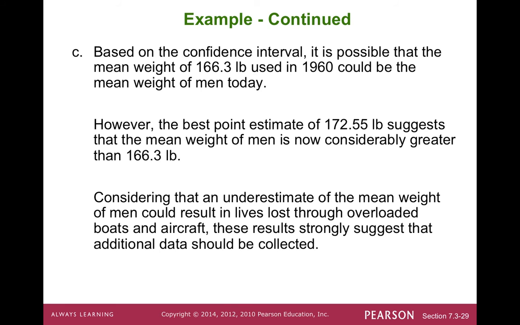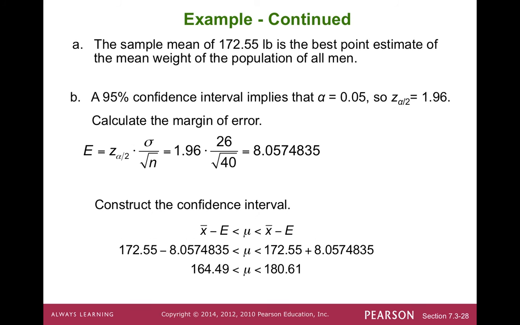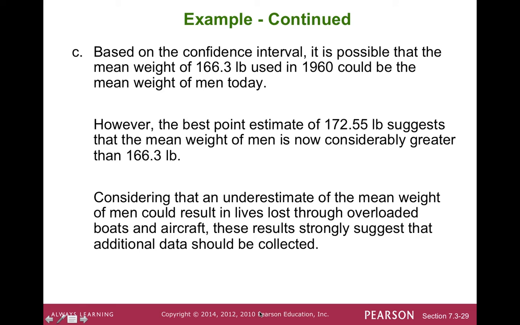Now, based on the confidence interval, it is possible that the mean weight of 166.3 pounds used in 1960 could still be true today, because that falls within the range that we were able to calculate. However, the best point estimate of 172.55 pounds suggests that the mean weight has gone up. And you can imagine that this could potentially be contributing to safety-related issues on vehicles like boats and aircraft.